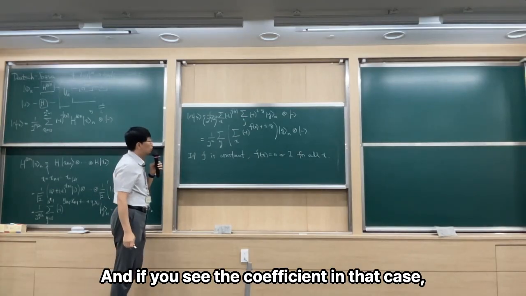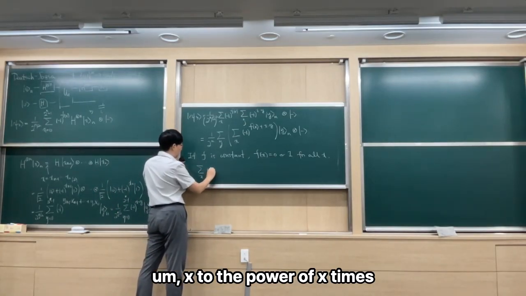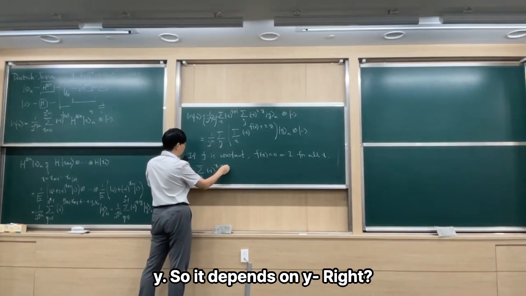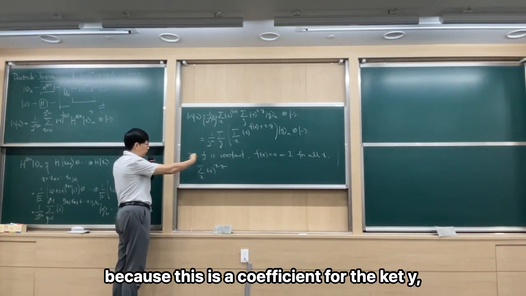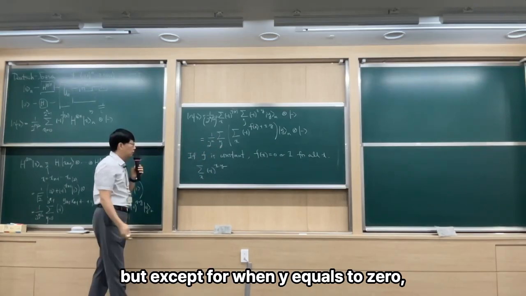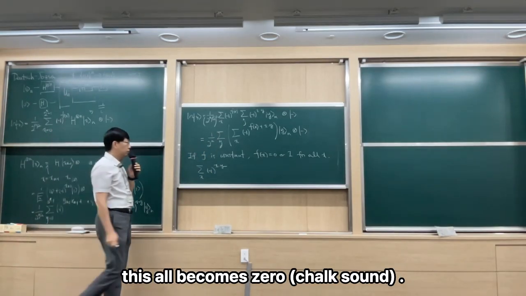And if you see the coefficient in that case, minus 1 to the power of x times y, so it depends on y, right? For each y, because it's just a coefficient for the ket y, except for when y equals 0, this all becomes 0.